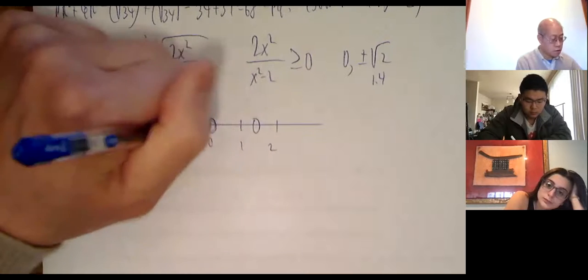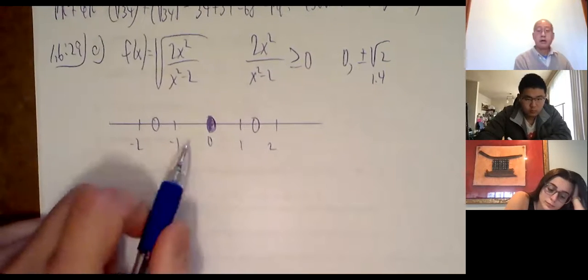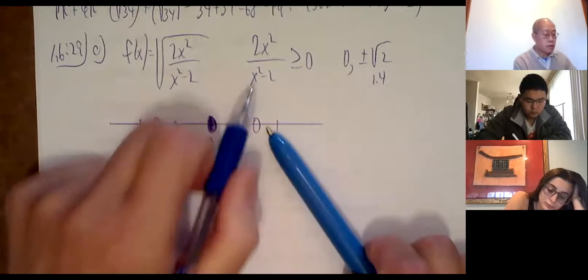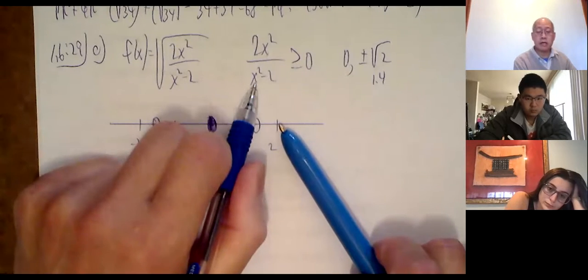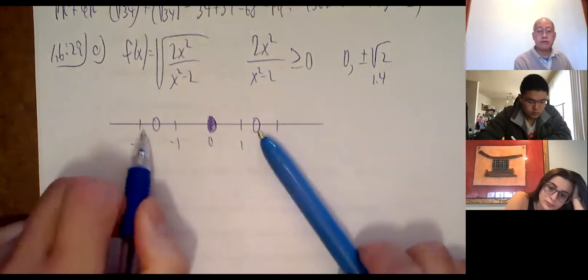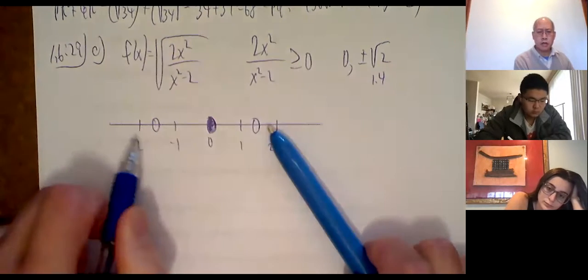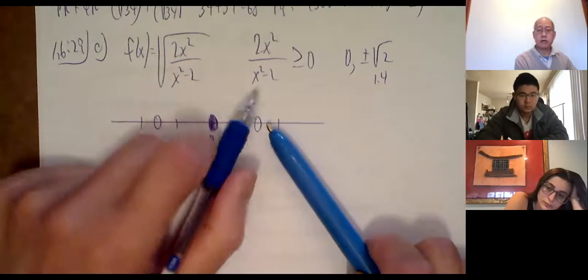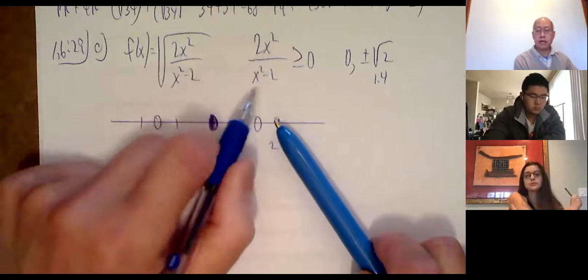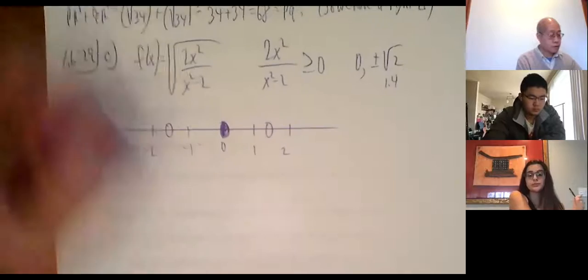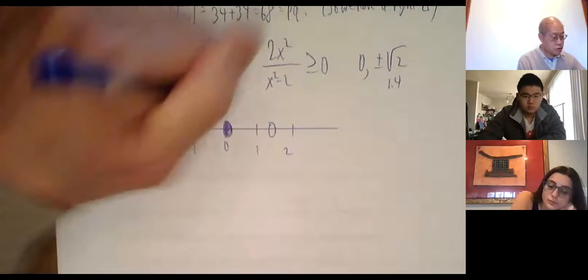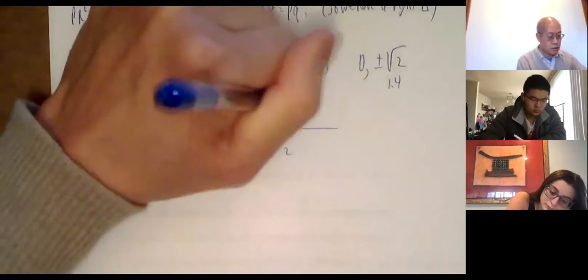True statement. Plus or minus radical 2 will give me a 0 on the bottom. That's a no-no. So this is closed, but both of these are open. 0 is greater than or equal to 0, a true statement. But plus or minus radical 2 gives a 0 in the bottom, and we can't do that.